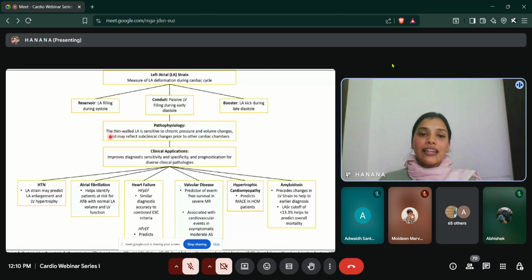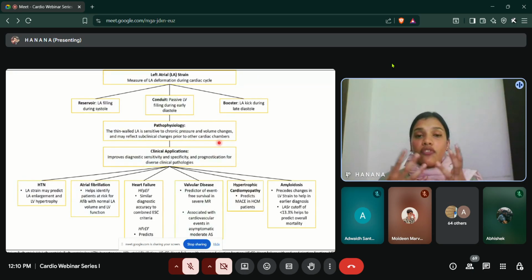Pathophysiologically, the LA is a thin-walled structure which is very sensitive to chronic pressure and volume changes, and it may reflect subclinical changes prior to the other cardiac chambers. Even if we do an echo of a patient and the values are within normal limits, the LA is very sensitive and shows very chronic changes to pressure and volume.